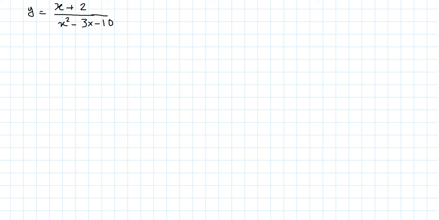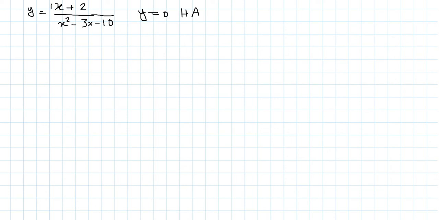So what should we do in this situation? Because the degree of numerator is less than the degree of denominator, easily we can say y equals 0 is my horizontal asymptote.